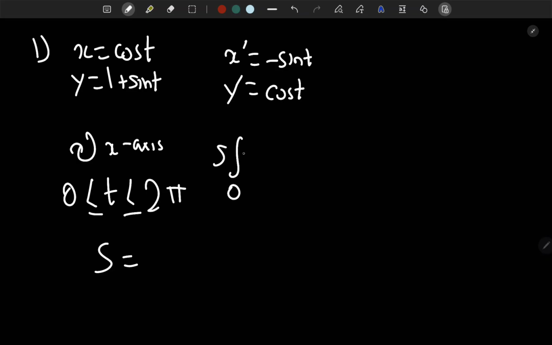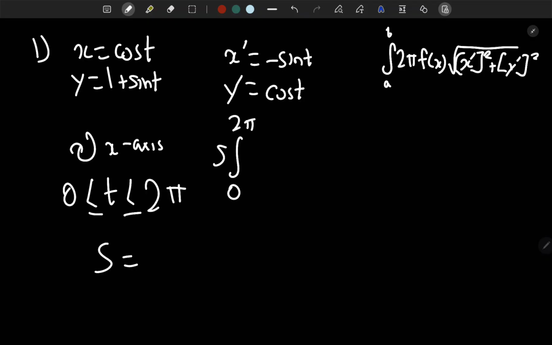So it's going to be from 0 to 2 pi, and the formula, actually let me write the formula on the top right, just for your reference. It's going to be 2 pi, and here we are rotating about the x-axis, so we need to plug in the y itself, and our y is 1 plus sine t. So I'm just going to write it here, 1 plus sine t, and don't forget the brackets.